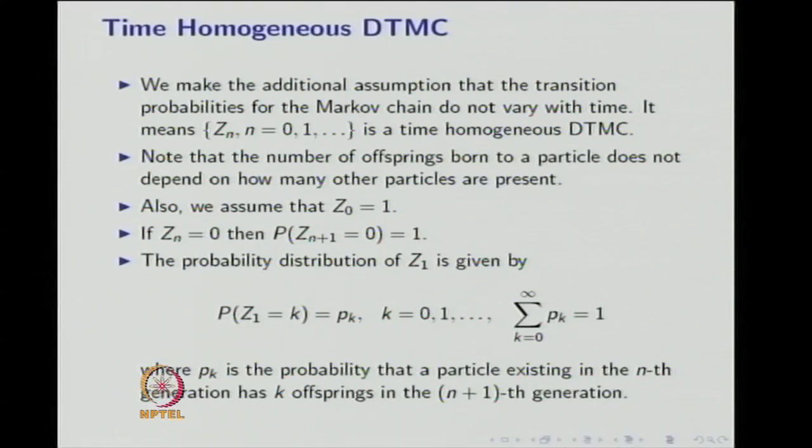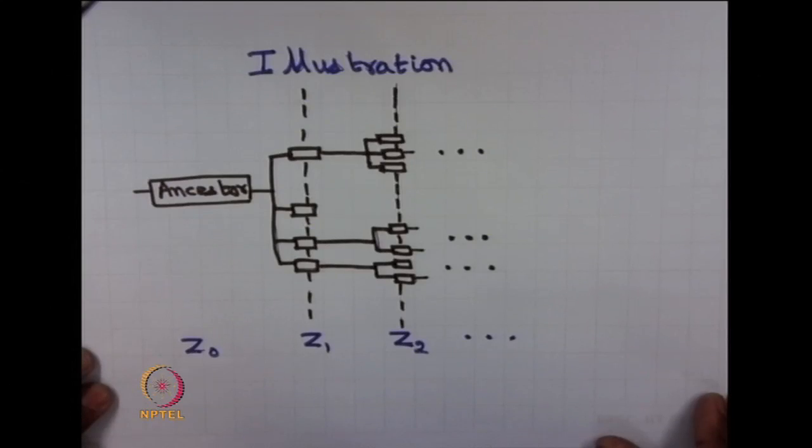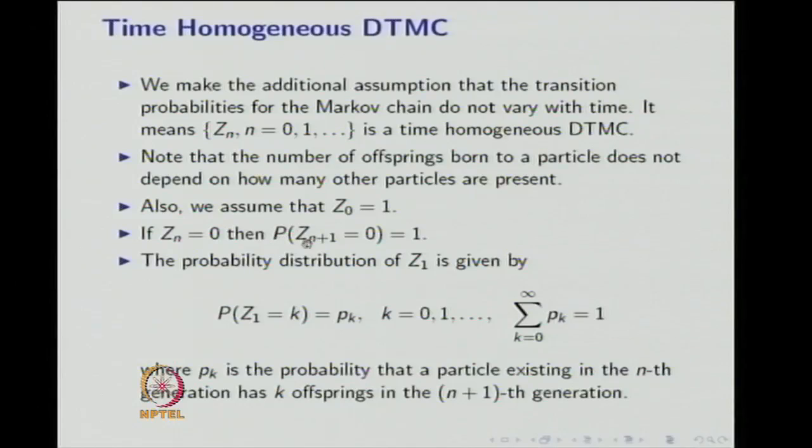In the illustration also, we made Z0 equal to 1, Z1 is a random number of particles, Z2 is a random number of particles and so on. If Zn is equal to 0, then the probability of Zn plus 1 equal to 0 is equal to 1.